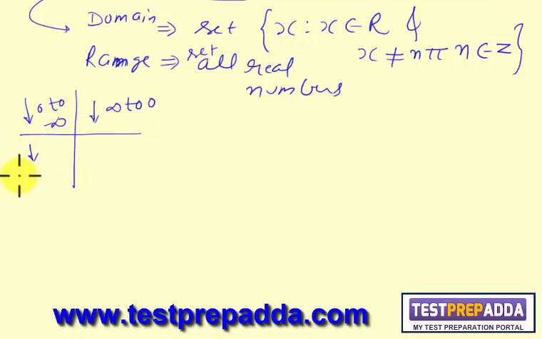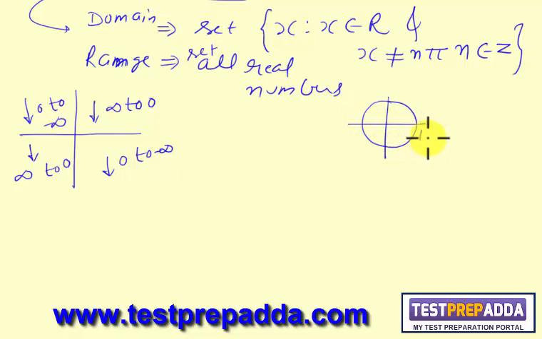Third quadrant, it decreases from infinity to 0, and the fourth quadrant also, it decreases from 0 to minus infinity. Got it? And that can be observed from the unit circle: 1 0, 0 1, minus 1 0, 0 minus 1. Got it?